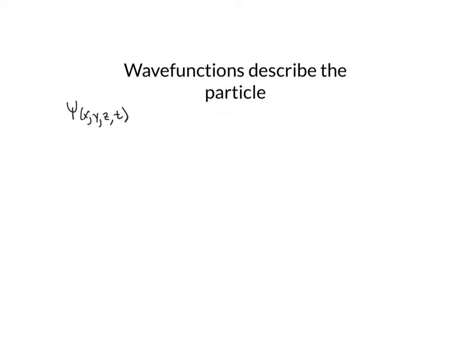And these wave functions are well-behaved, meaning that they are single-valued, and they are continuous, and they are finite. They don't go to infinity anywhere, and they are square integrable.